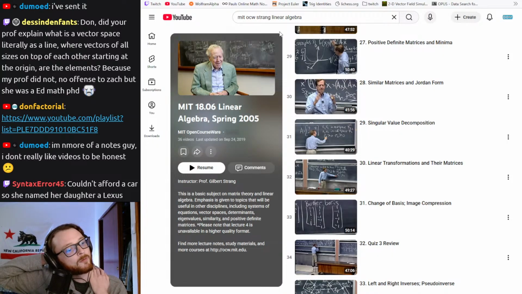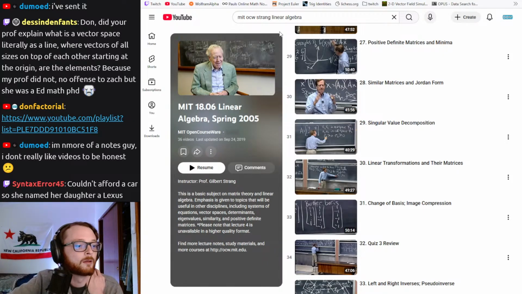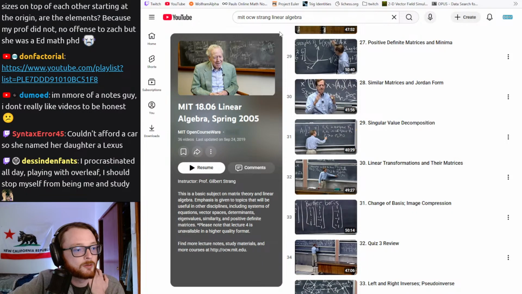Did your professor explain what is a vector space? Literally as a line where vectors of all sizes on top of each other, starting at the origin, are the elements. My professor did not. No offense to Zach, she was an ed math PhD. A vector space, literally as a line. Well, a vector space is like linear combinations of vectors, right?